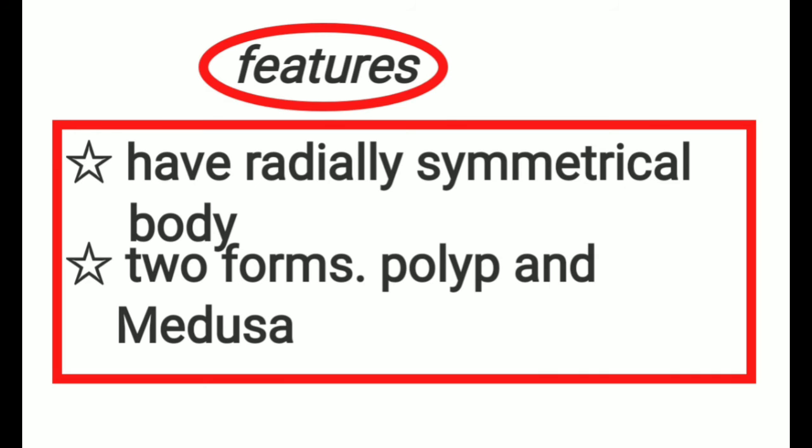Now the features of Cnidarians. They have a radially symmetrical body and they have special tentacles. They use them to eat. They have 2 forms, that is polyps and medusa.